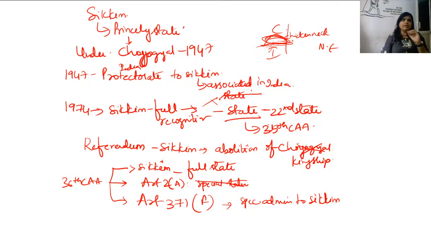That is the reason for the border strategy and the border policies we have. That is the reason the current government is focusing so much on the Northeast, because the Northeast is one of the most vulnerable border areas for us, keeping in mind the Chinese threat.